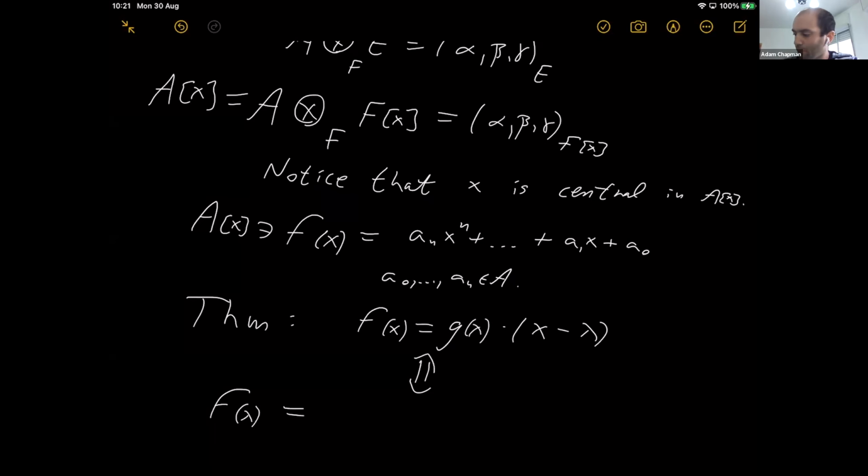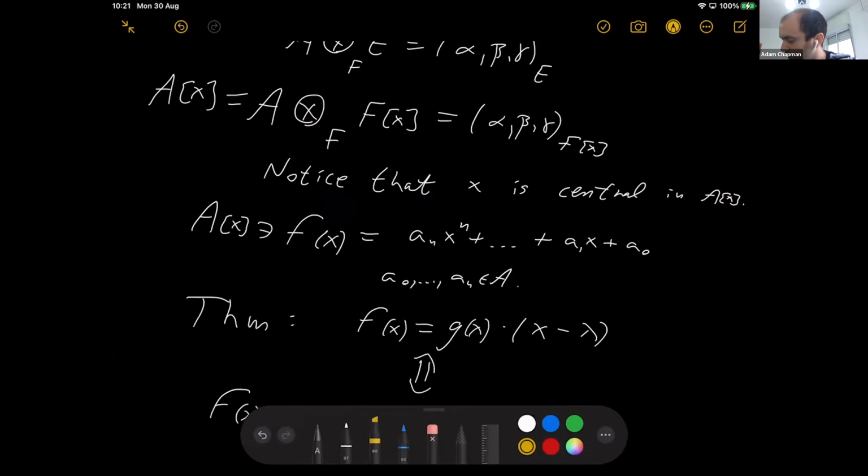And what do we mean by f(lambda)? When you write down the polynomial this way, you can plug in lambda. So this is well defined. It doesn't mean that you can plug in lambda in any form of the polynomial, because you can also place x on the left-hand side of the coefficient. But if you want it to be well defined, you need to decide where you place the x's before you plug in any variable, because again, lambda doesn't have to be in the center.